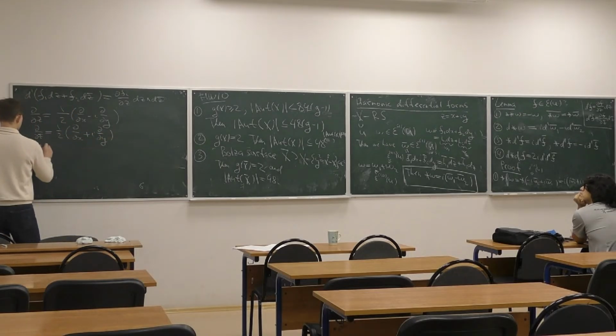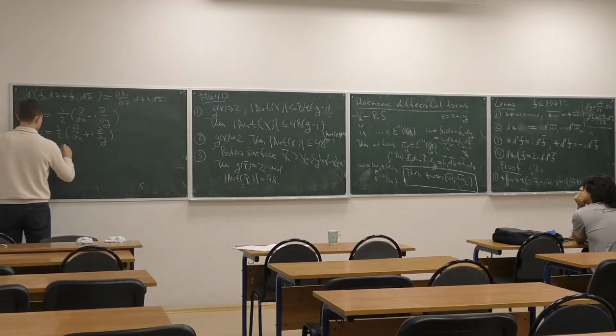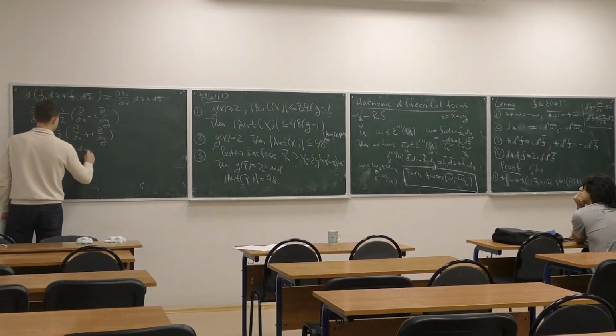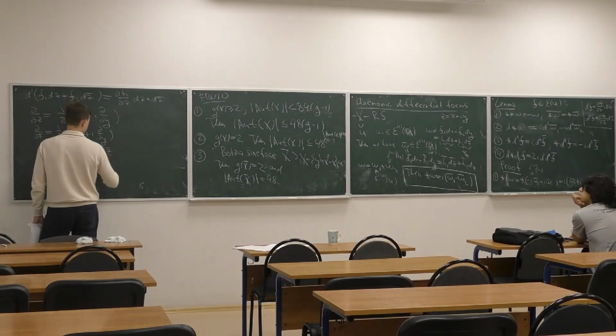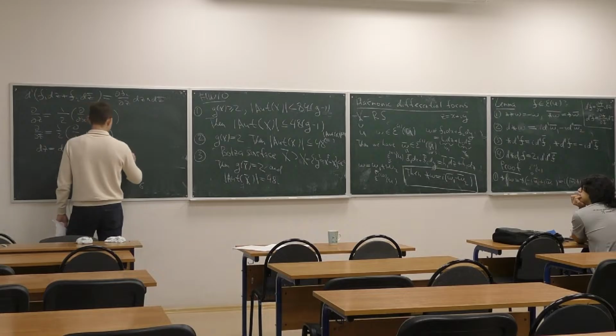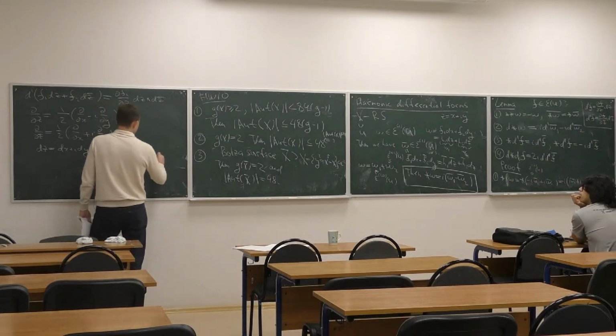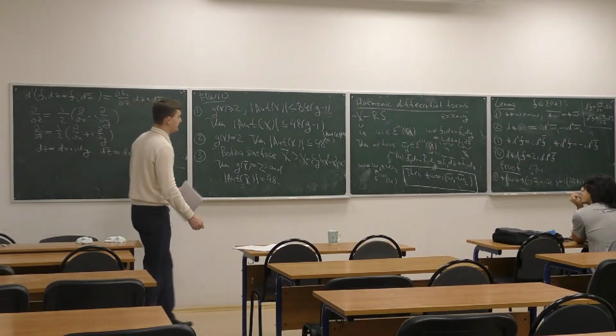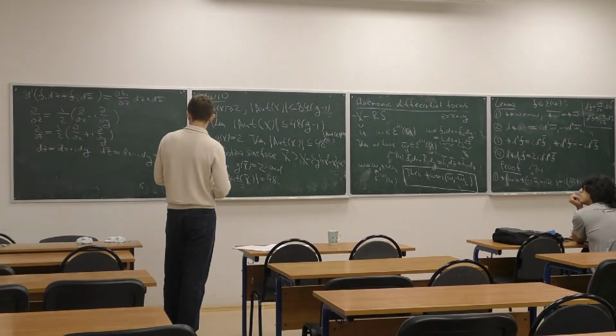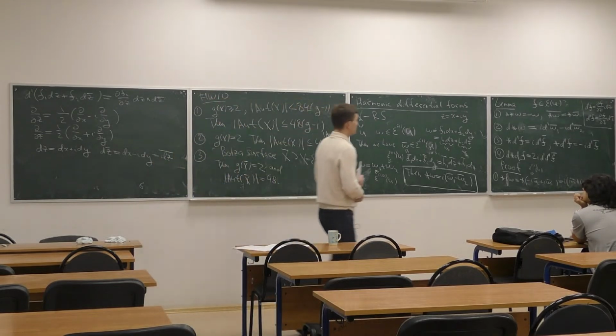And then of course dz is dx plus i dy, and dz bar is dx minus i dy. And then of course it's equal to dz bar.